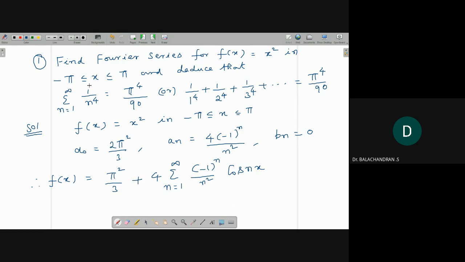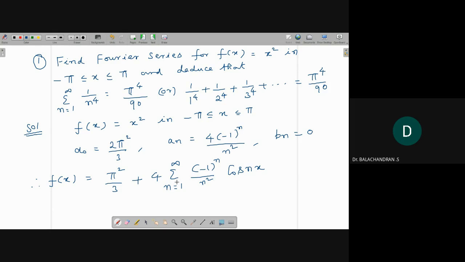If you square n square you get n power 4, so you should use Parseval's identity. If you just substitute x equal to pi by 2 or x equal to 0, you never get this series, because that gives 1 by n square. So this is the idea basically.